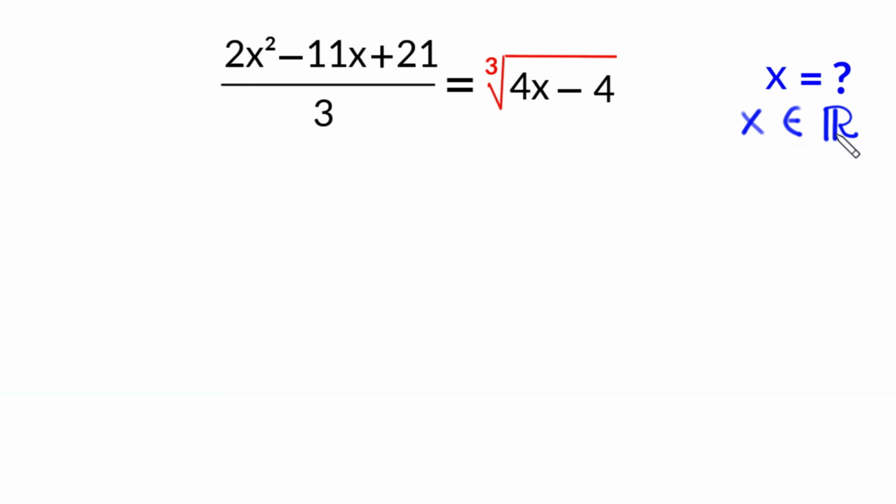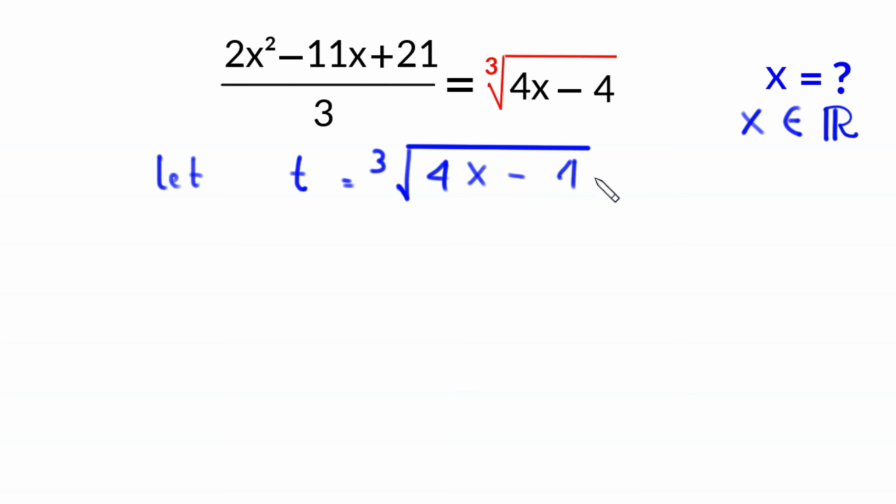So let's start. To simplify the solution, we suppose that t is equal to this expression, the cube root of 4 times x minus 4. If we take a cube of both sides, this implies that t cubed equals 4 times x minus 4.